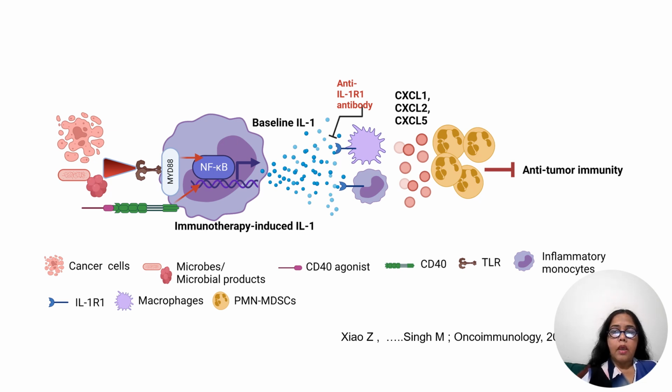In response to IL-1, interleukin 1 receptor expressing monocytes and macrophages produce PMN-MDSC recruiting chemokines like CXCL1, CXCL2, CXCL5. These chemokines recruit PMN-MDSC into the tumor, and these MDSC suppress anti-tumor immunity.